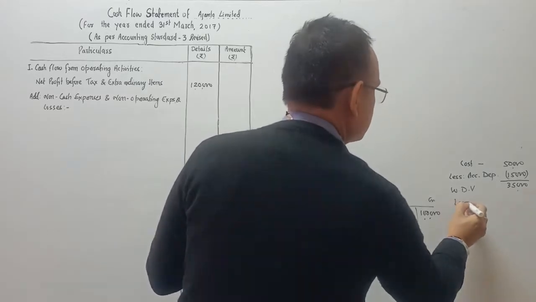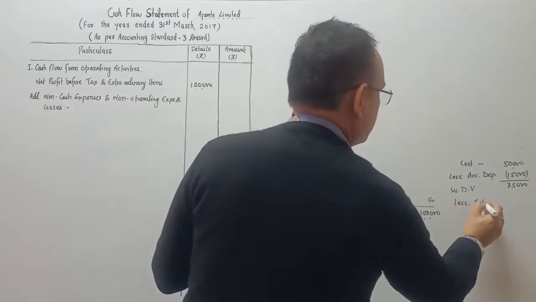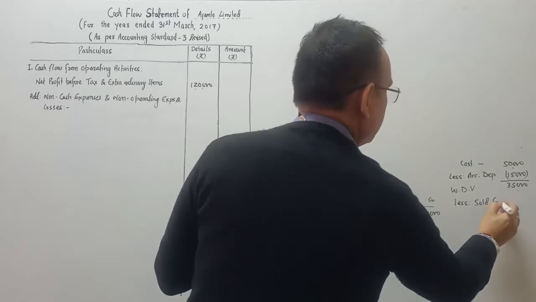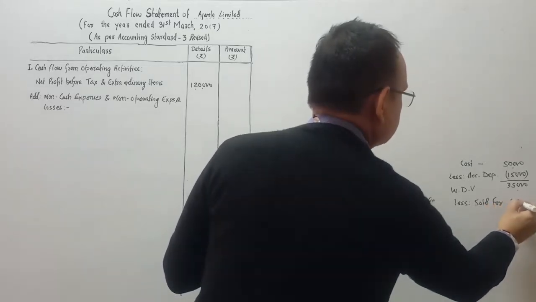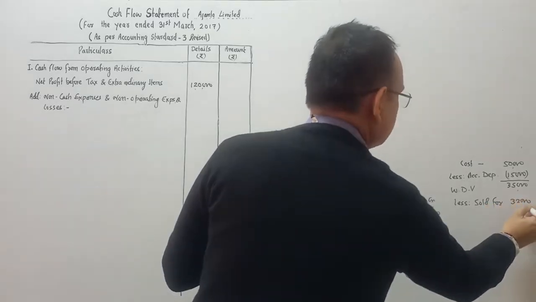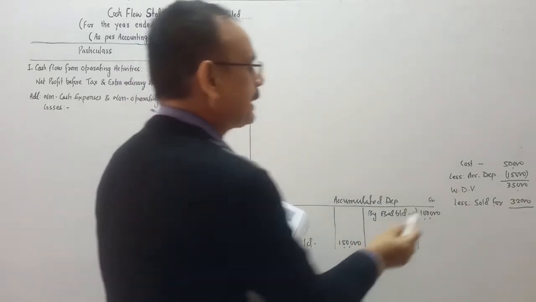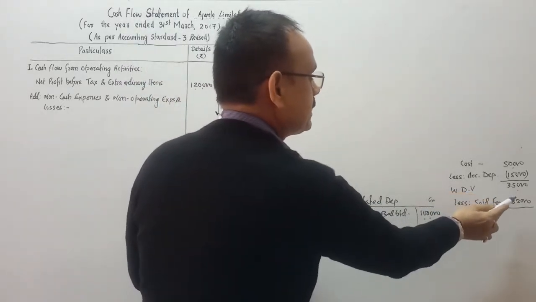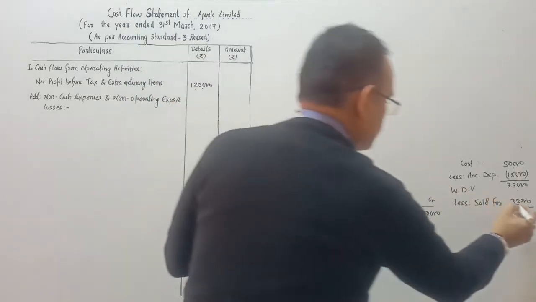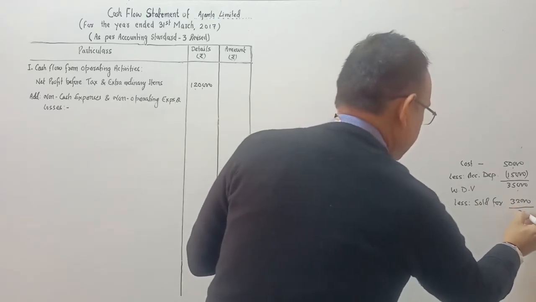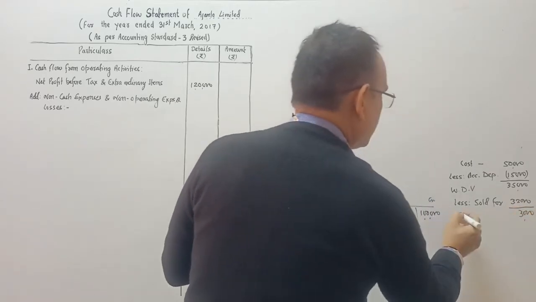This machine is sold for 32,000, which is less than the written down value. So this difference indicates the loss on sale.